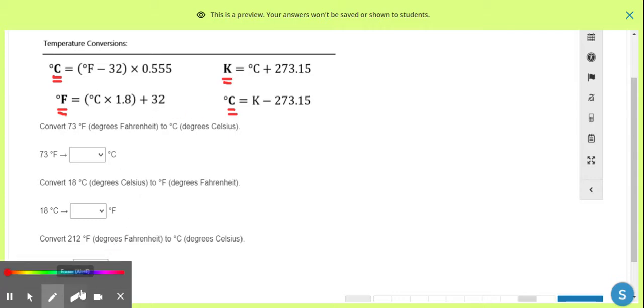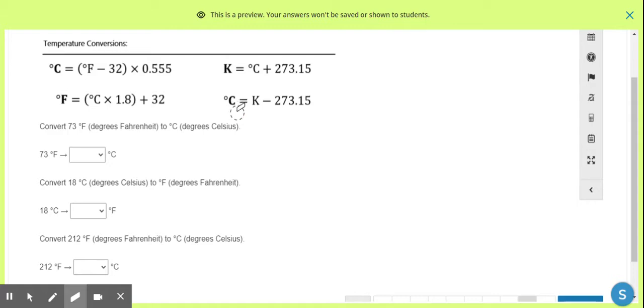Okay, so let's look at how we can go between these temperatures. Say you are taking a measurement in Celsius in the lab, but you want to know relatively how hot or cold that is, based on what you know in Fahrenheit. You can figure out what that is. Or vice versa.